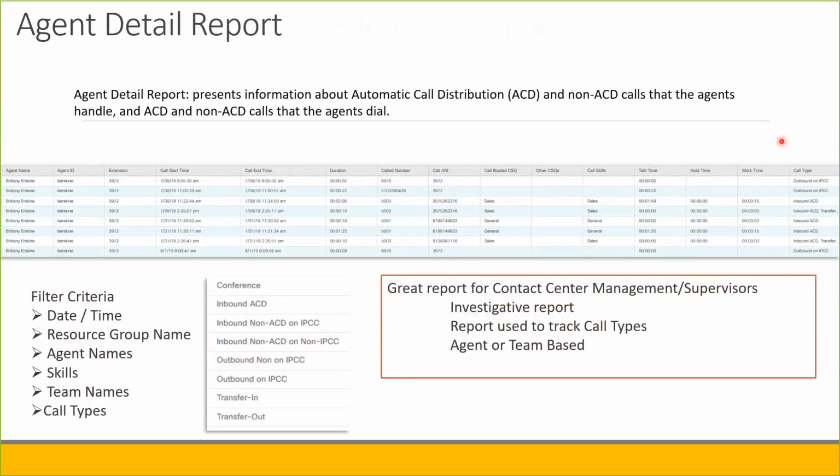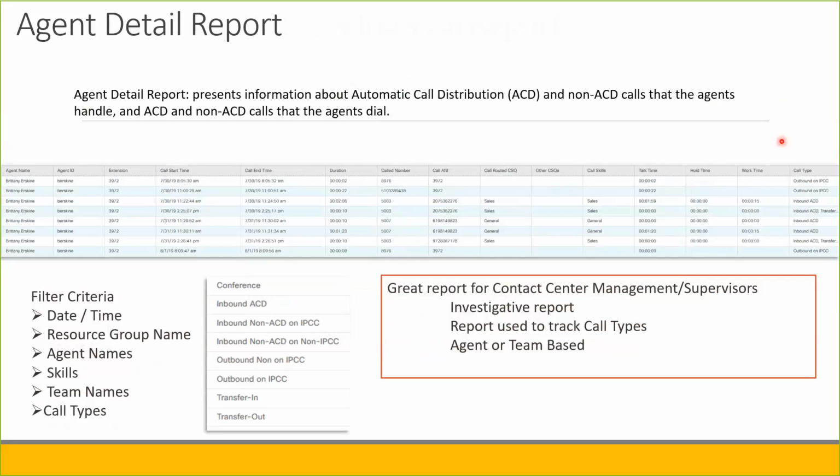It gives you that quick glance view of how this team is performing, especially if you pull it at the team level and look at everybody's averages versus one individual, and you can do both. But that's a quick glance, versus a detail level report, of which we have a couple of different options that I'm going to go over.